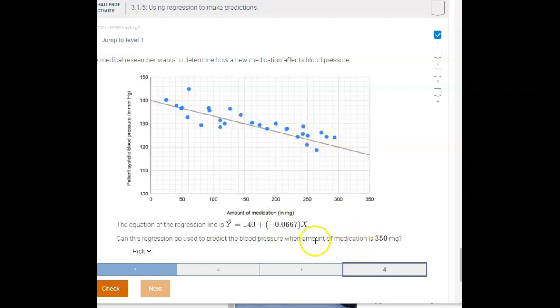So for an x value, amount of medication of 350, our x is the amount of medication, 350 is pretty far outside the scope of the data. So you should not use this equation, this line, to make predictions about blood pressure for an x value that is outside the scope of the data. So anything above 300, we would say no. Anything really low, close to 0, again, no, you should not use this equation.